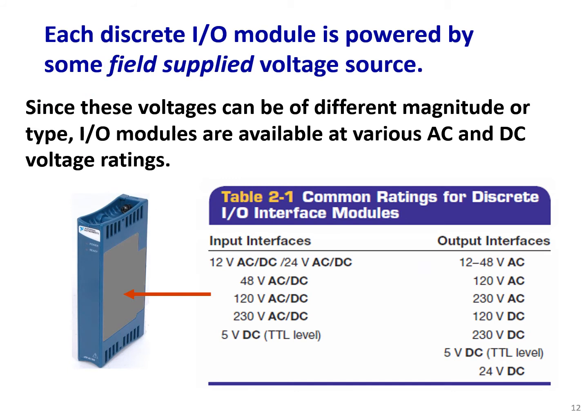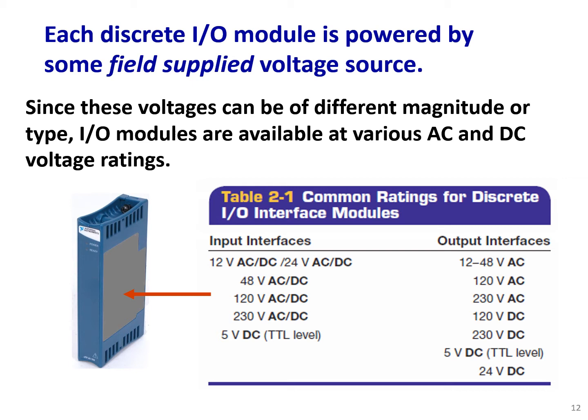Each discrete I/O module is powered by some field-supplied voltage source. Since these voltages can be of different magnitude or type, I/O modules are available at various AC and DC voltage ratings.